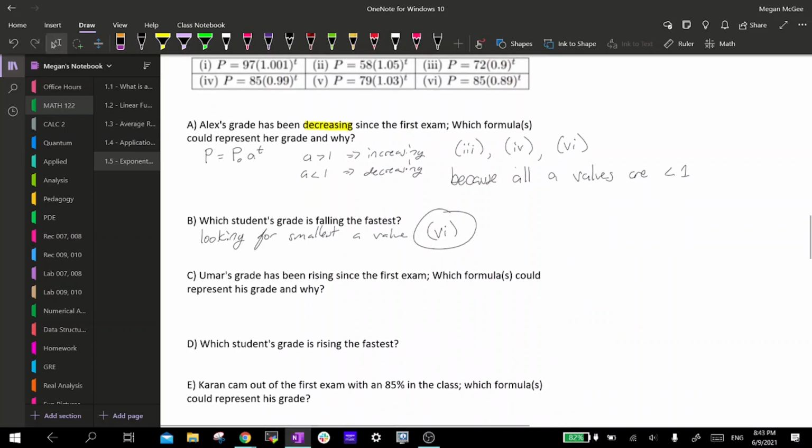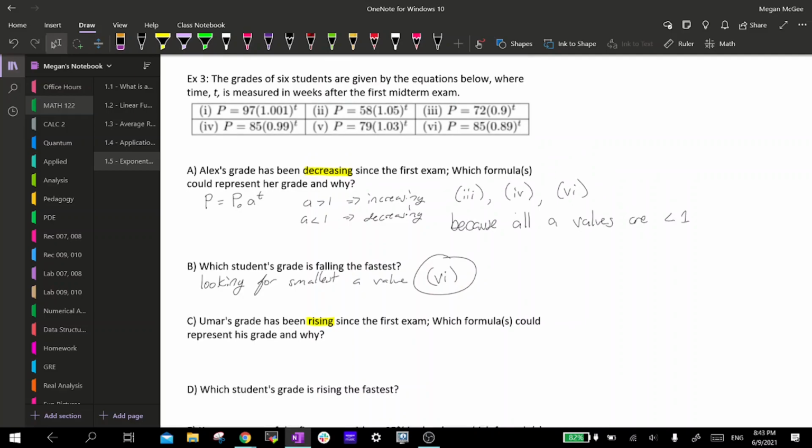Part C: Umar's grade has been rising since the first exam. Which formulas could represent his grade and why? Similar to Part A, we're looking for all of the A values that are now greater than 1.